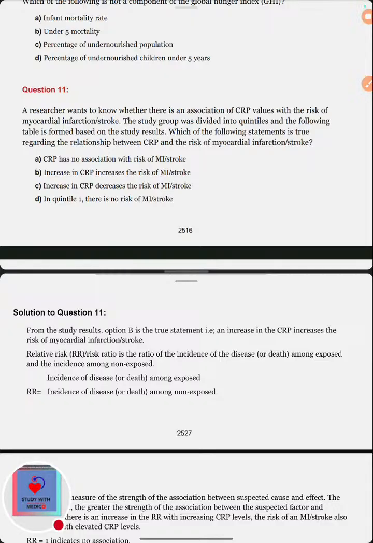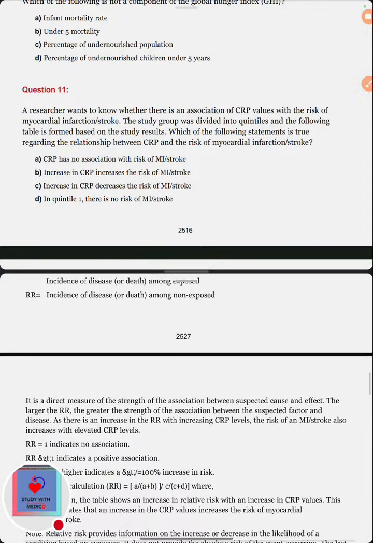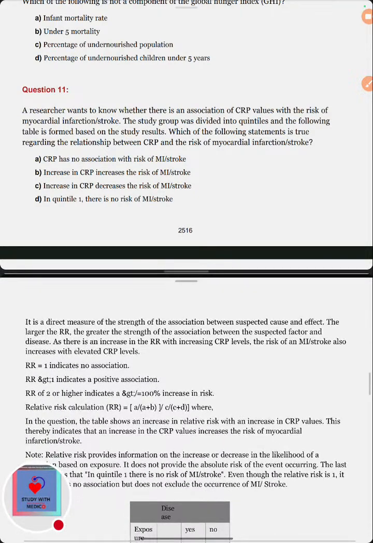Relative risk is the ratio of the incidence of disease or death among the exposed to the incidence among the non-exposed. It is a direct measure of the strength of the association between suspected cause and effect. If the relative risk is 1, it indicates no association.